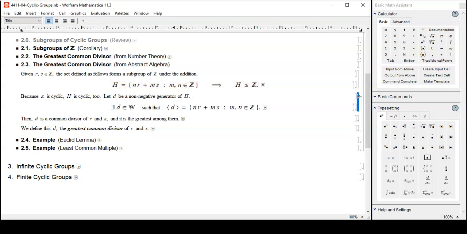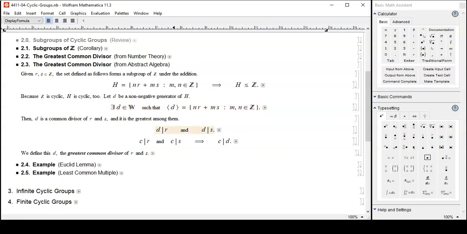It has to have a generator, and if you have a negative generator, put a negative on it to make it positive. Consequently, we can always find a non-negative generator, which we call the greatest common divisor, because we can prove that that non-negative generator is a common divisor like this, and also the greatest common divisor like that.